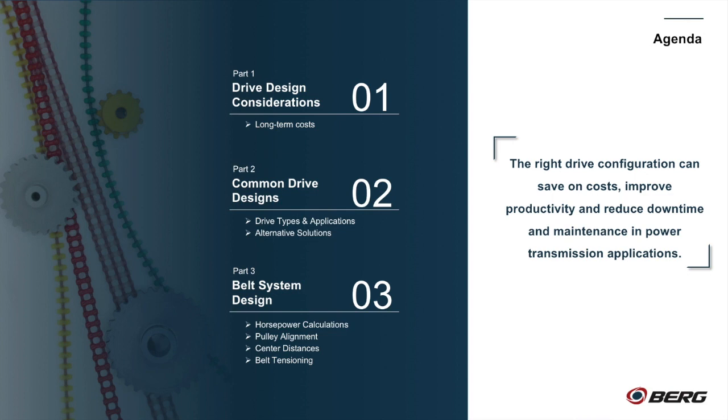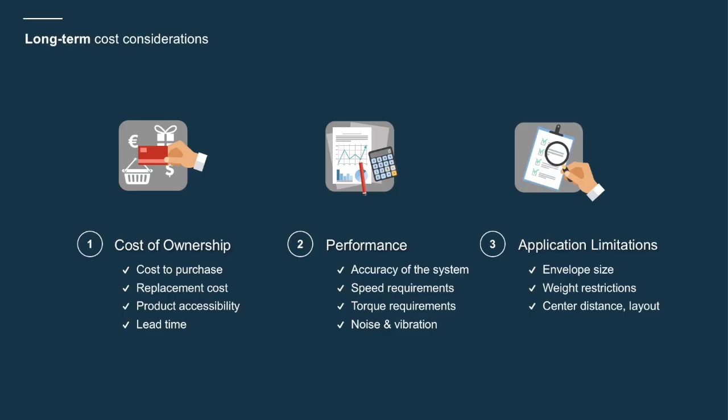We will also discuss a couple of real-world examples and how we used Berg product to solve some of the problems. Finally, we'll discuss the belt system design. When a belt drive is the correct solution, how do we go about the calculations to ensure the system will meet the customer's needs?